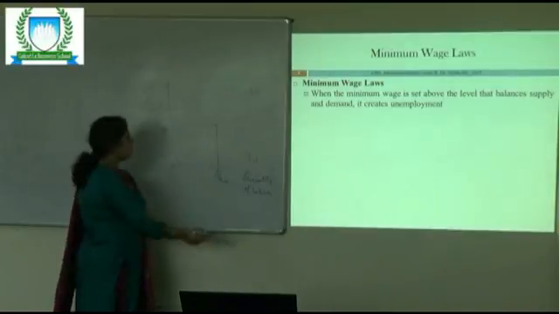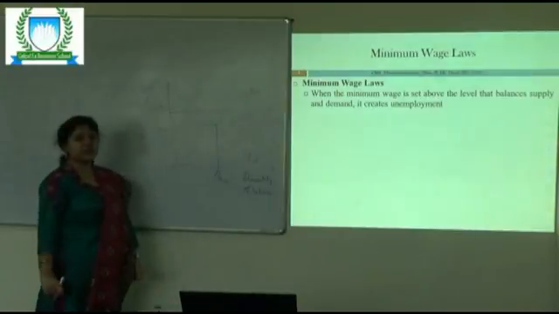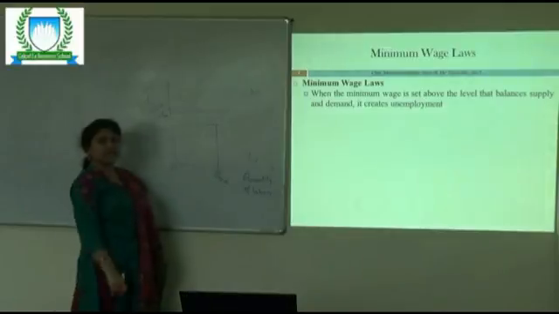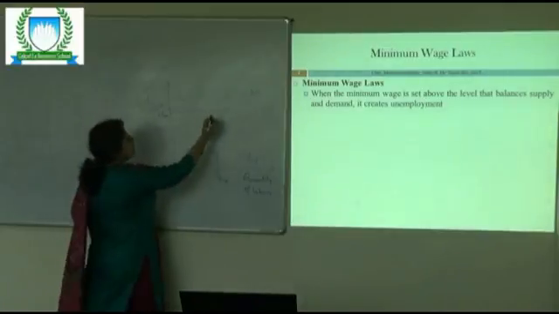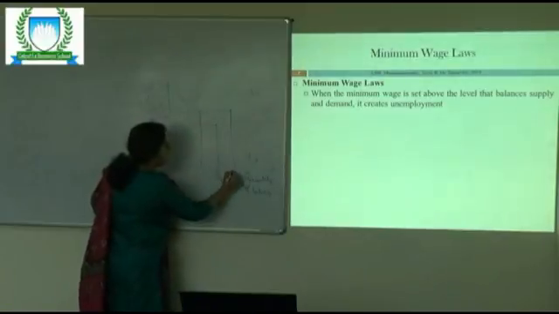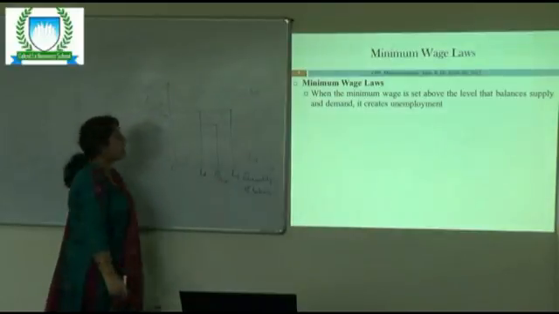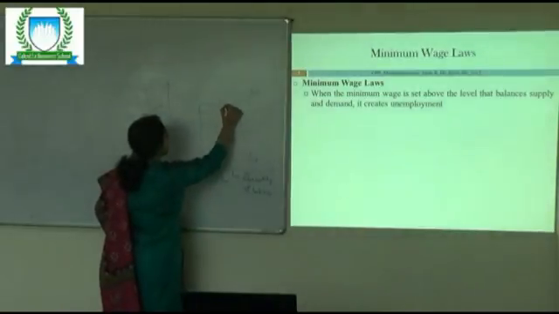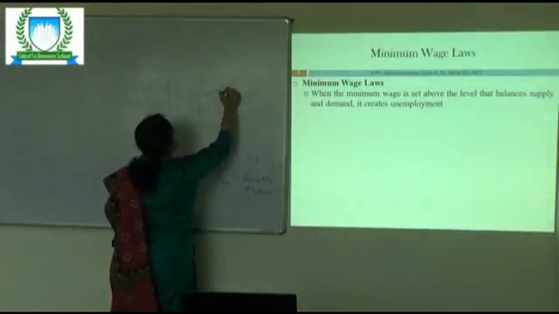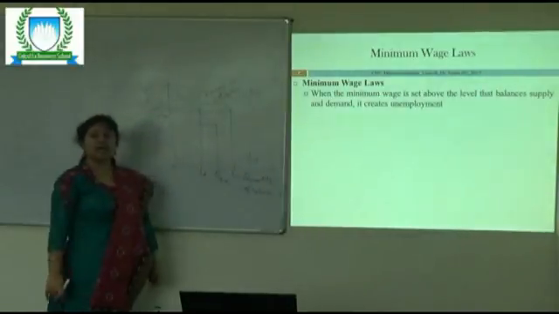But if the minimum wage is fixed above this equilibrium wage, suppose over here, then what will happen? Supply is greater than demand, isn't it? Labor supply is greater than labor demand over here. That's why an excess supply of labor remains in the market, which is creating the unemployment.